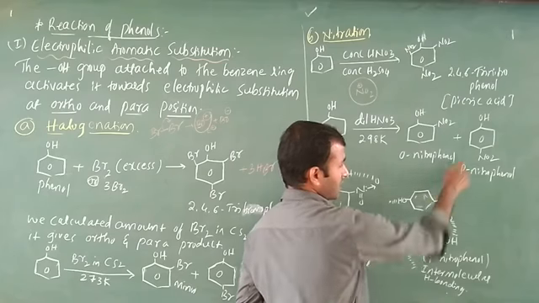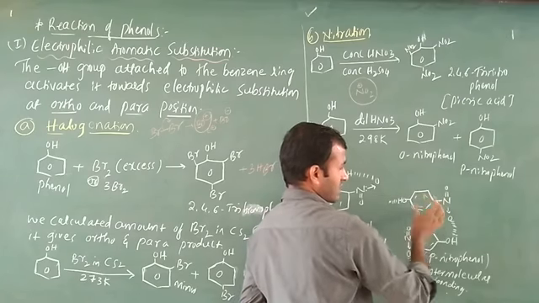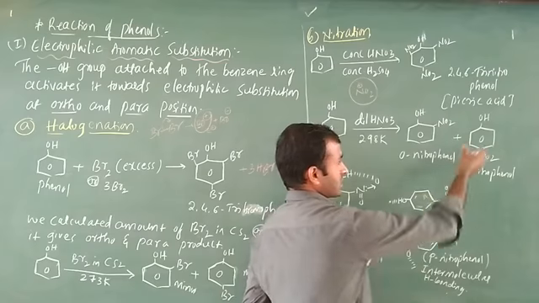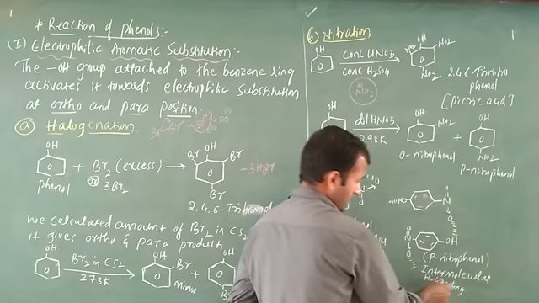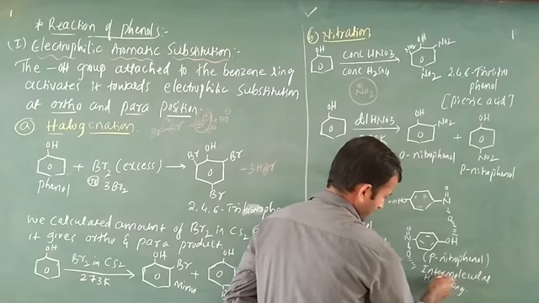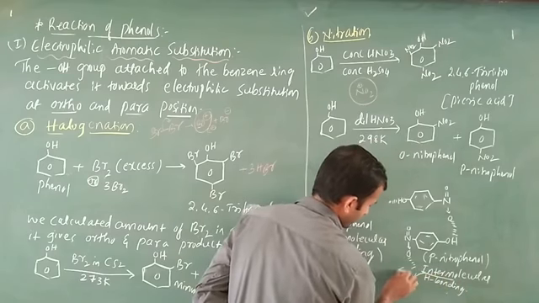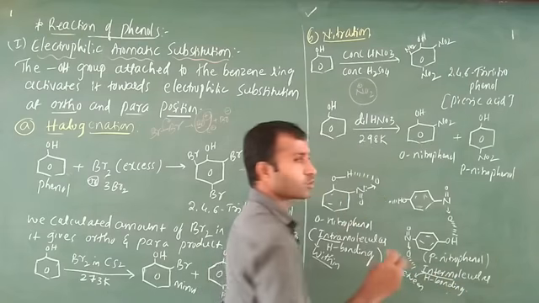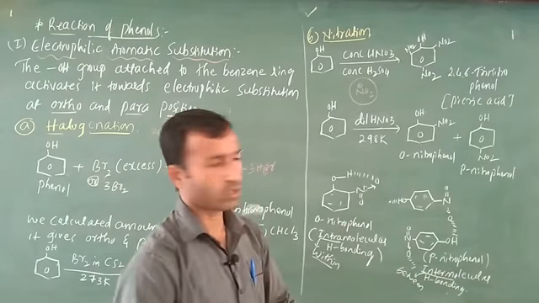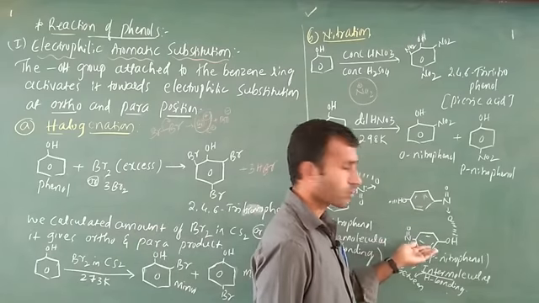The example is paranitrophenol. This paranitrophenol I wrote, just tilted like this. Okay, one more is there. Paranitrophenol means in this case what? Inter. What is the meaning of inter? Between. Inter means between two molecules. Here one molecule is there, here one molecule is there.